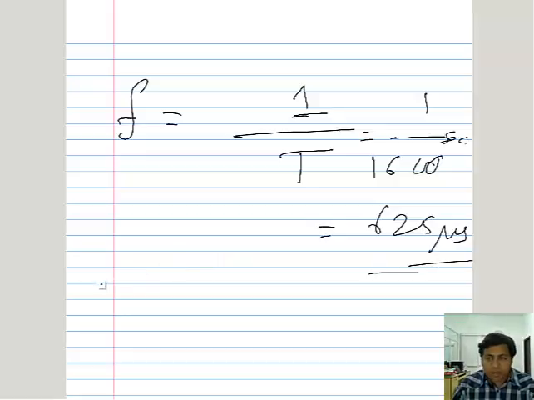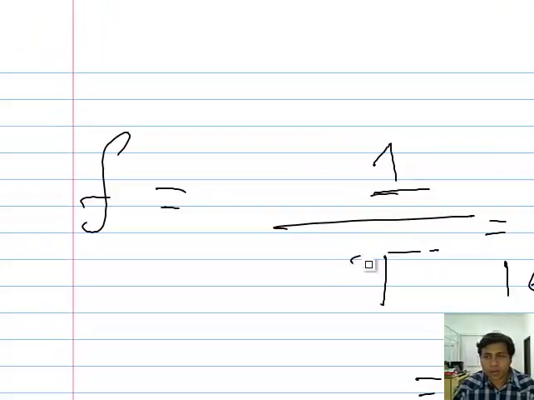So the time we can calculate. Sorry, I just wrote something wrong. We got the frequency, so this is the time period. The formula we wrote is a little incorrect.